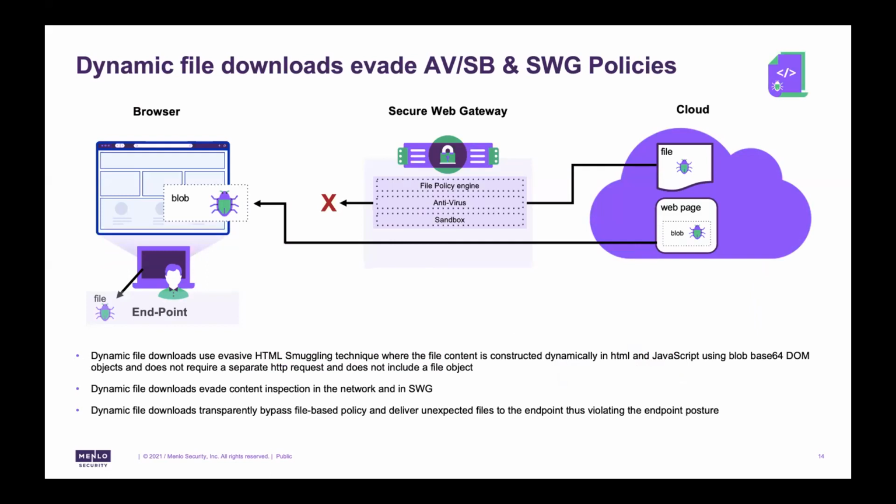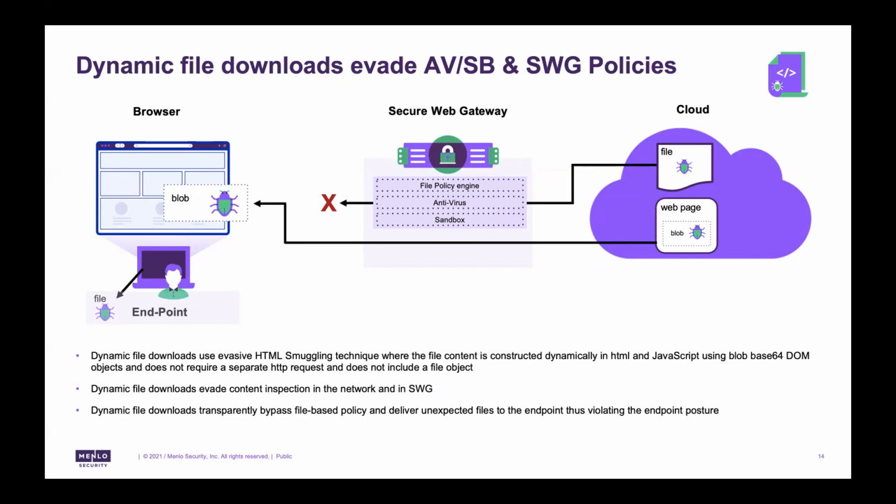This notion of HTML smuggling is a good case where dynamic file downloads evade the antivirus and sandbox policies. They basically use a technique that hides the ultimate payload in a dynamically constructed manner using HTML and JavaScript, typically using a blob base64 DOM object.